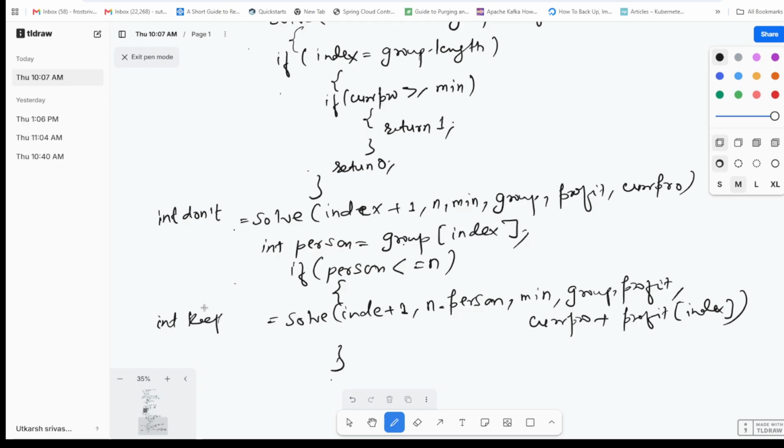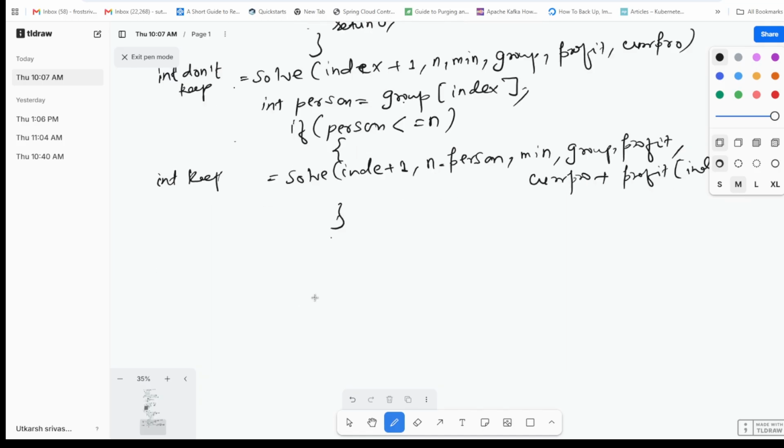We will mark it as keep, and we mark the other as don't keep, and at the end we will sum up both the paths, like return keep plus don't keep.